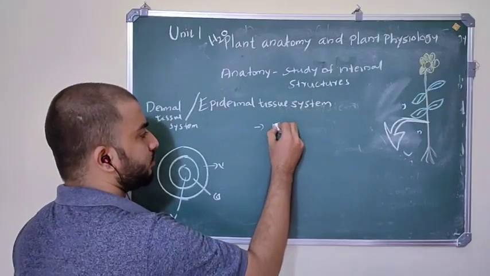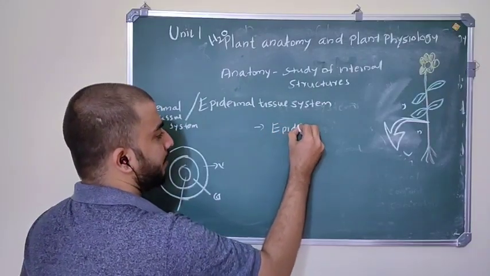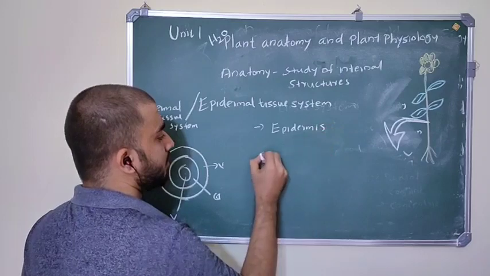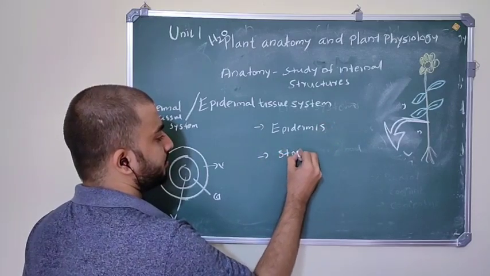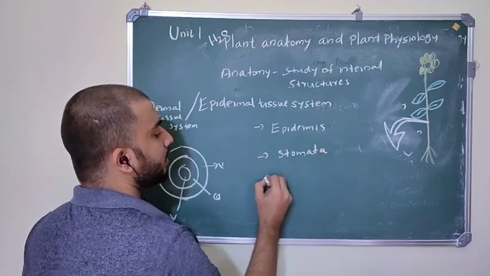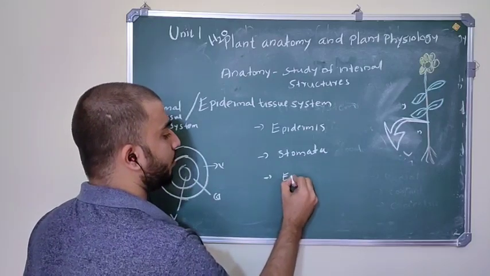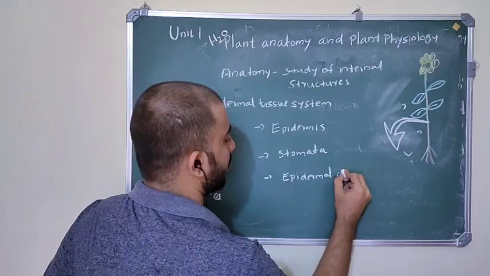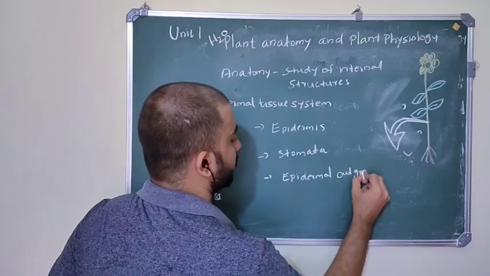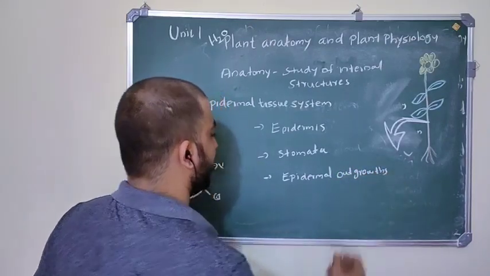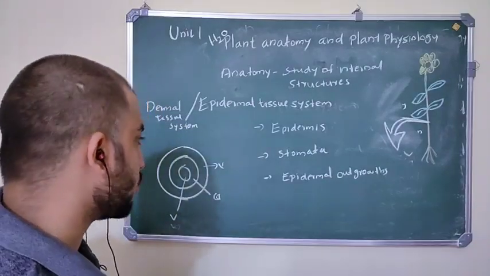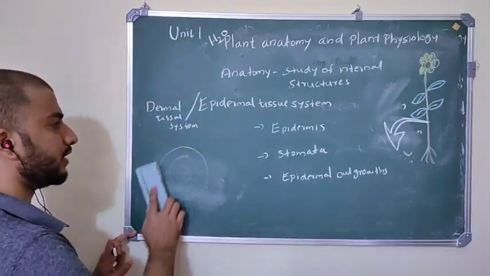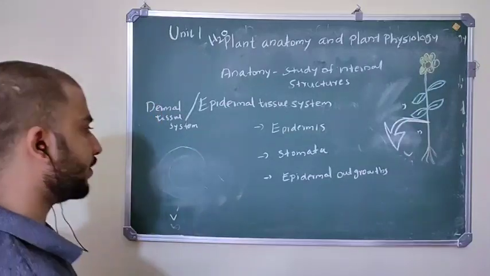The epidermal tissue system is composed of epidermis, stomata, and epidermal outgrowths. Okay, epidermis, stomata and epidermal outgrowths are the components of the epidermal tissue system.